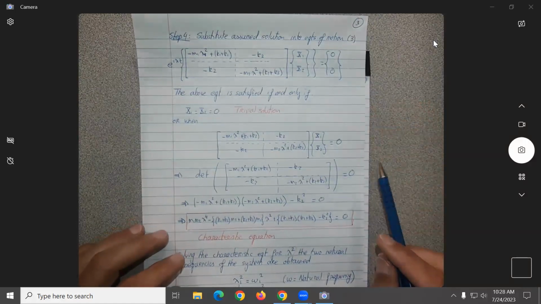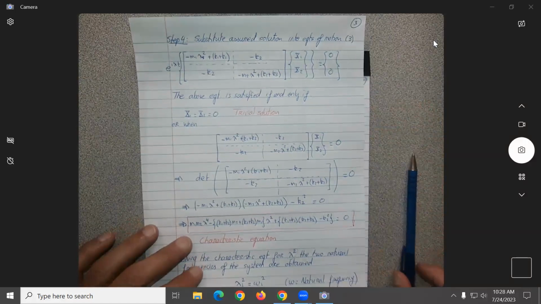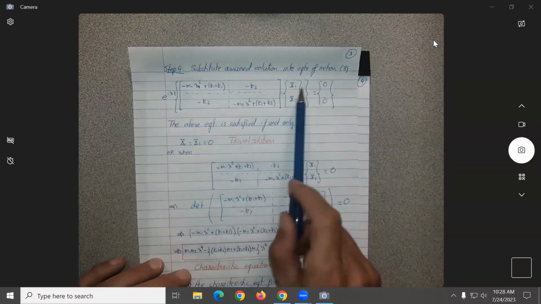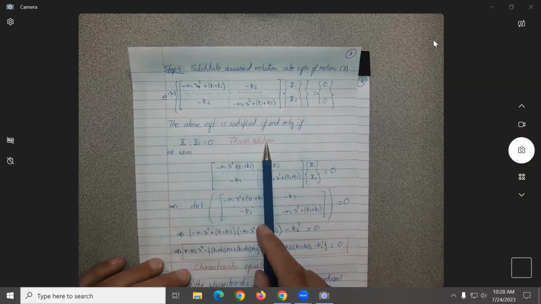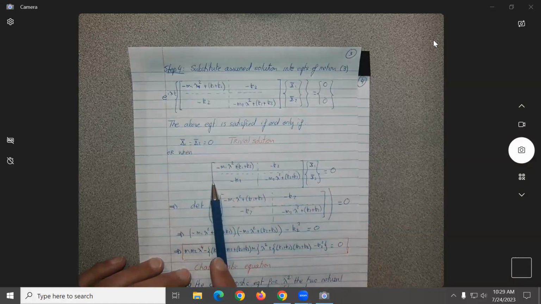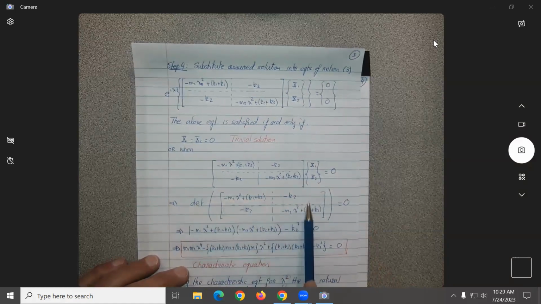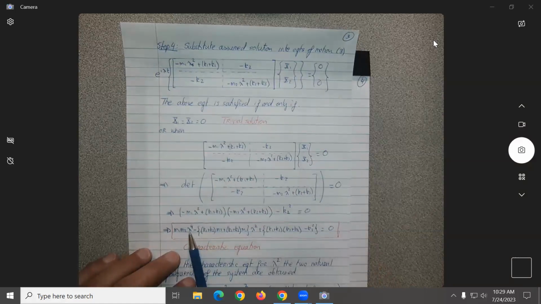Do you remember that we said that this equation here has a solution when either x1, x2 is zero, or lambda equal to 0, which is the trivial solution, or when this is going to be equal to 0. But in order for this to be equal to 0, we first need to solve for the determinant, and from the determinant we find the values for lambda squares, which are our natural frequencies.